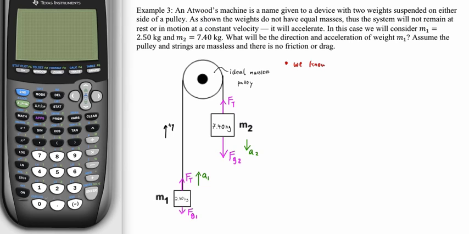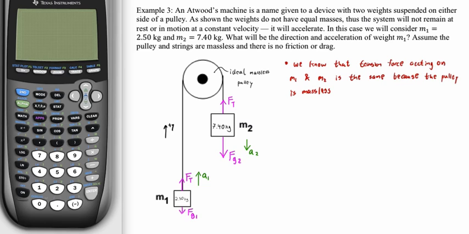We know that the tension force acting on M1 and M2 is the same because the pulley is massless. And that's one of the rules that we have to know about massless pulleys, that the tension on either side of a massless pulley is always the same.